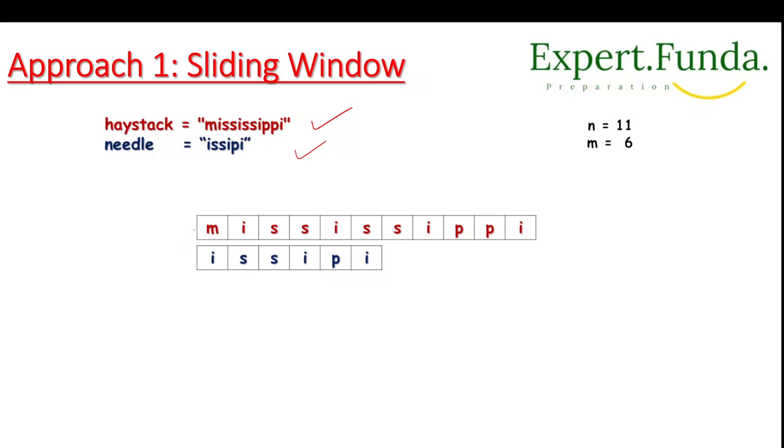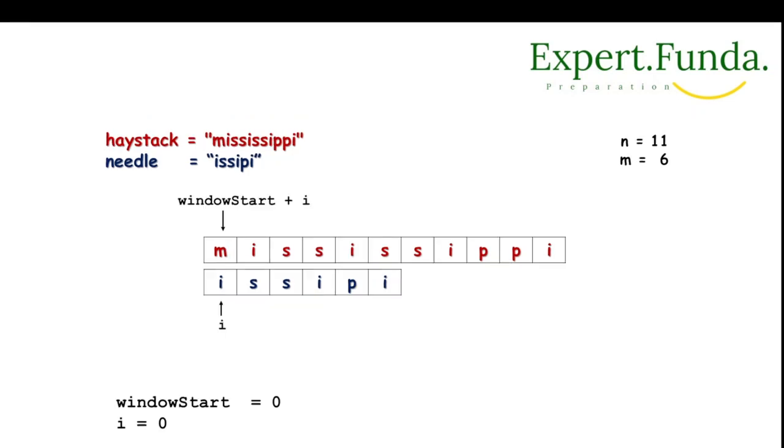If we want to check the needle in the haystack, then we will start the window, where we are using a sliding window. Actually this is the very naive approach, which is to traverse each possible substring of length m, and we'll check in the haystack whether the needle is equal or not.